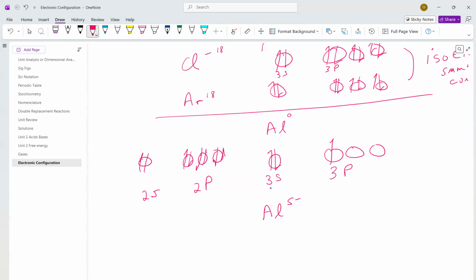Why'd you say 5? It's correct, but why? That's right. It's a full shell now. Add 5 electrons: 1, 2, 3, 4, 5.